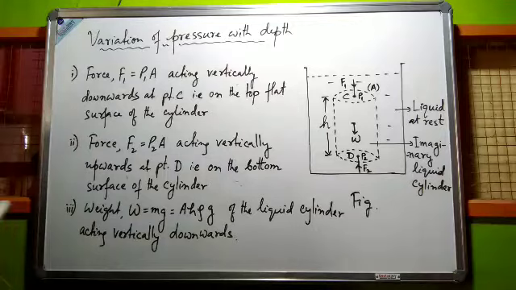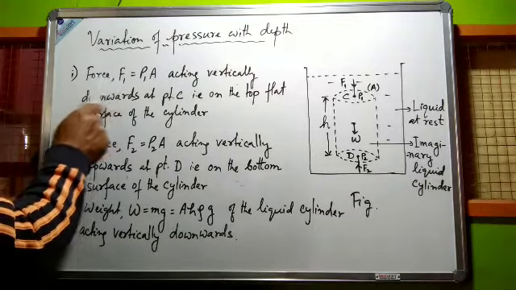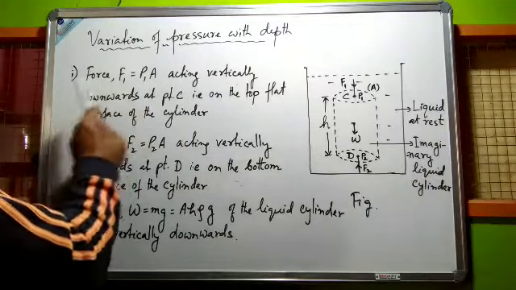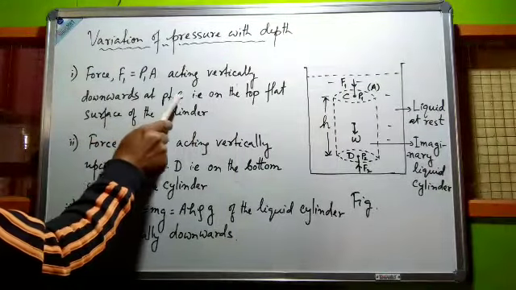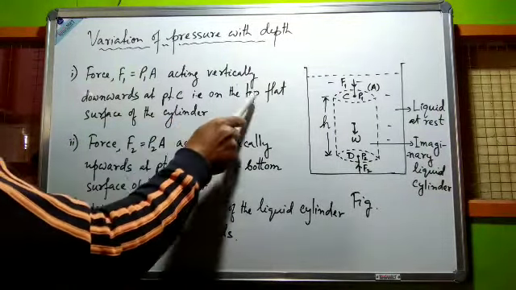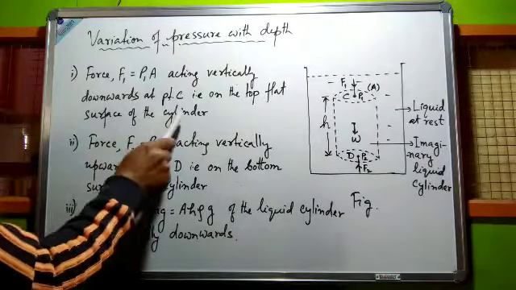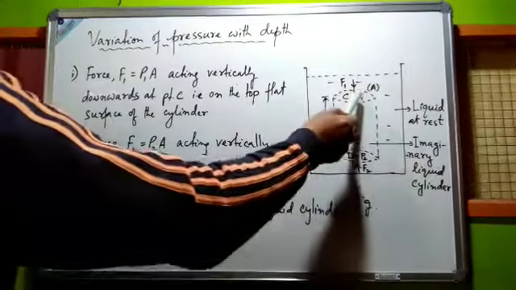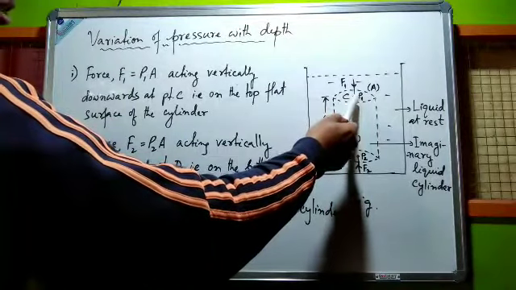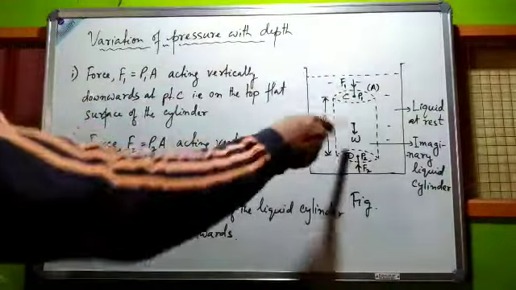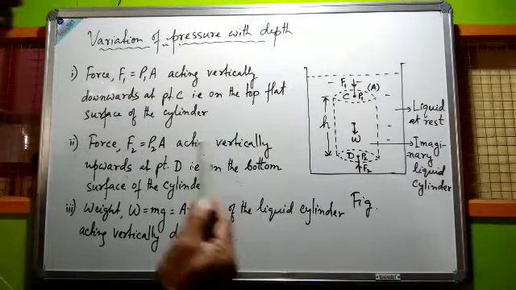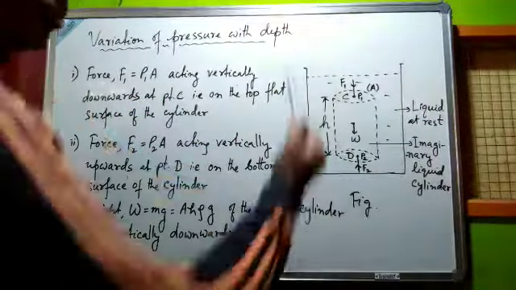The first one is the force F1, equal to P1 A, acting vertically downwards at point C, that is on the top flat surface of the cylinder. The liquid force is always perpendicular to the surface.